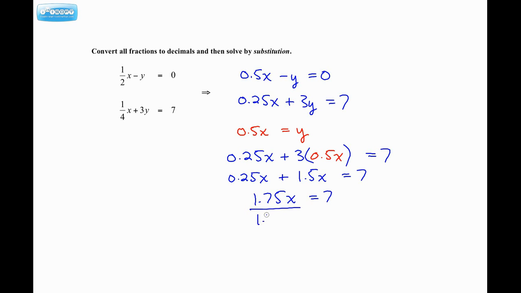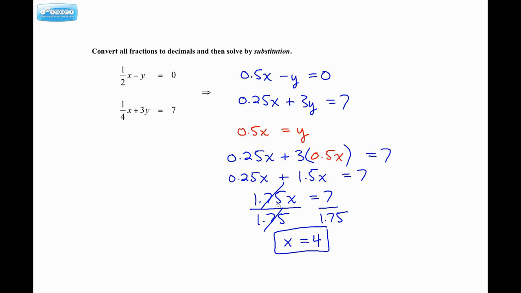And I will divide both sides by 1.75. Okay, and 1.75 is 1 3/4, or just 7/4. So when you divide, 7's actually cancel, and you just get 4. Okay, if you had a calculator, of course, you'd get that as well. So x is equal to 4, which we already knew from before, of course.